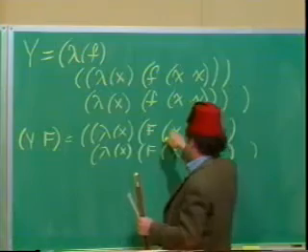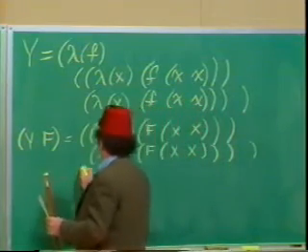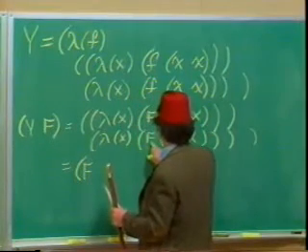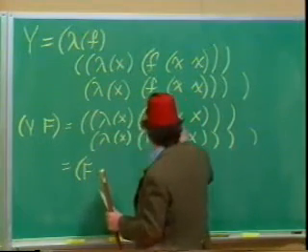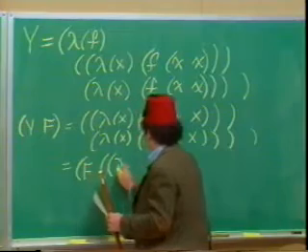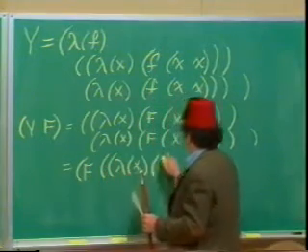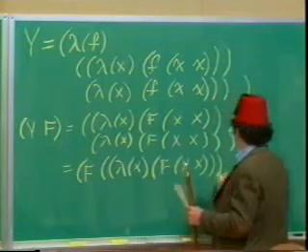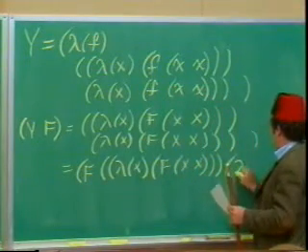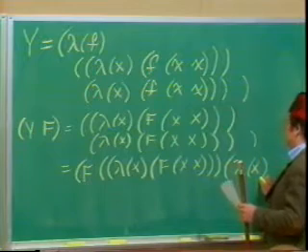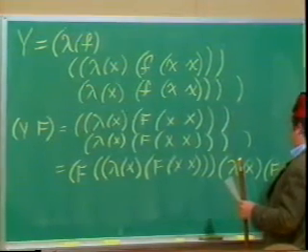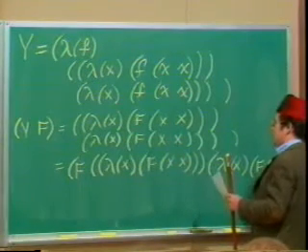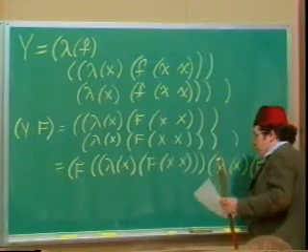Substituting this for this in here, this is f applied to, what is it? Substituting this in here, open, open, lambda of x, f of x, applied to lambda of x, f of x, f lambda pair f.